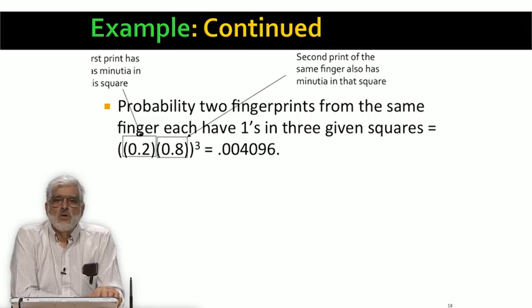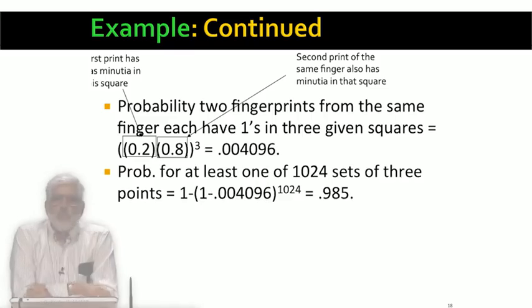We need to raise 0.2 times 0.8 to the third power because there are three squares, each of which need to hold minutiae from both of the prints. The result is about 0.4%, still really tiny, but 64 times larger than the probability if the prints come from different fingers.